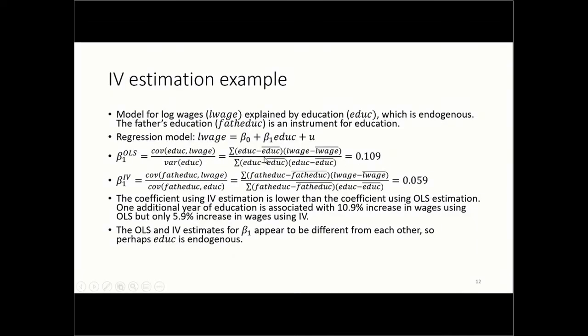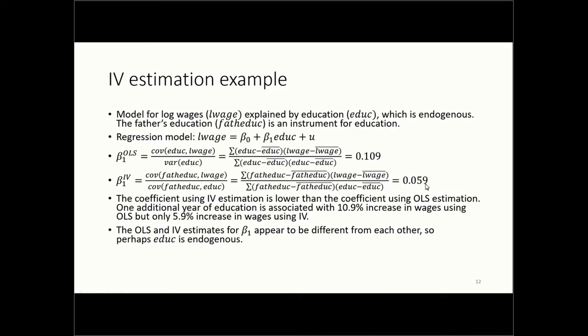Same thing with IV. We can find the covariance of the father's education and log wage and the covariance of father education and education using the covariance formulas. Then we would find that this coefficient is 0.059.